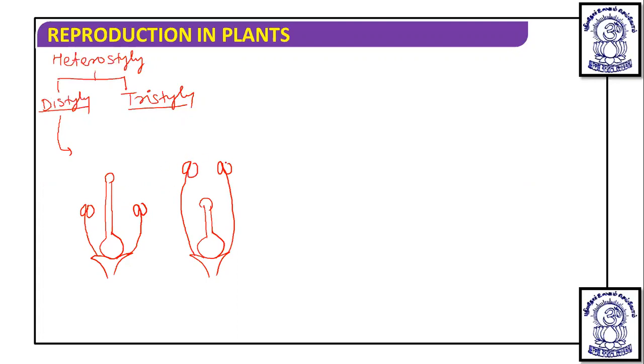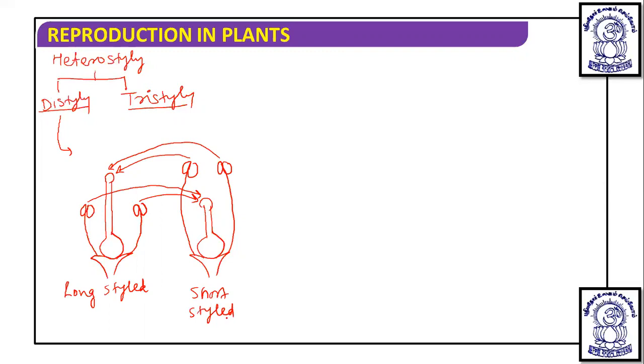The pollen grain released by this anther will attach to the stigma of the other flower, and the pollen grain from there will reach this one. So two types of flower are found: one is long styled, and the other is short styled.